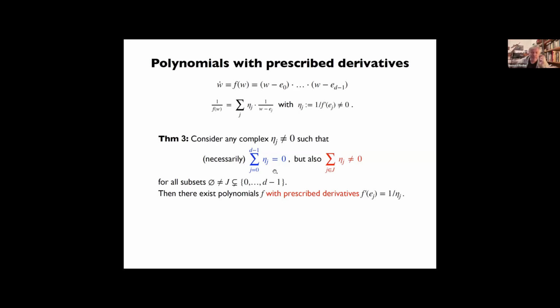And I assume that for subsets, the sum is never 0. Okay. I don't know how to prove this without this assumption. I have examples where this assumption is violated, but this is a technical assumption I need.